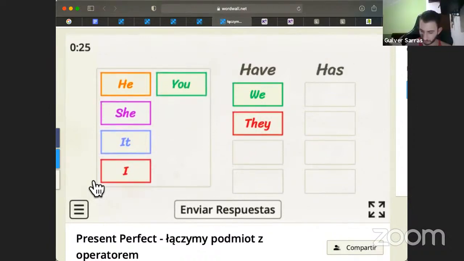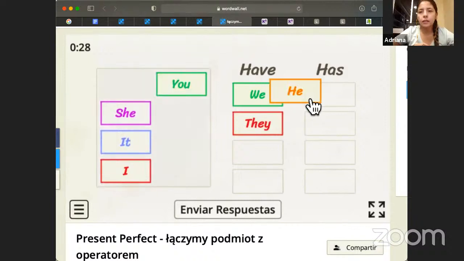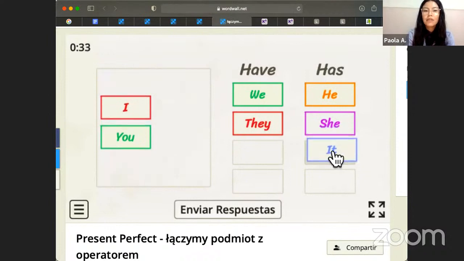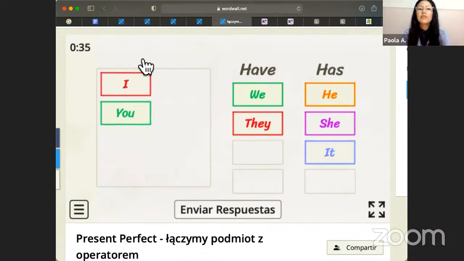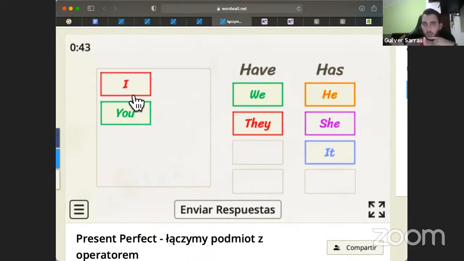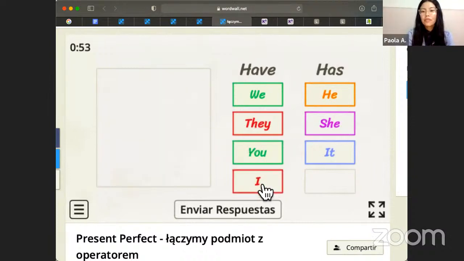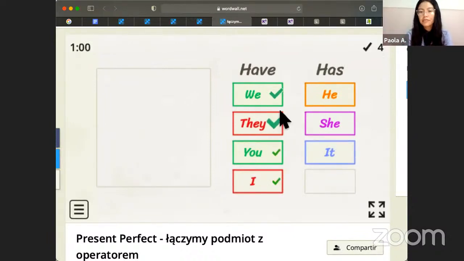Mention two, please. He, she, and it. Yeah, we already know. All right. And Gilbert, the rest of the subjects use what? Can you tell me, please? You have, I have. Yes. No, it's simple. Usually the rule is for he, she, it. It's the same here. So it's correct. All right?